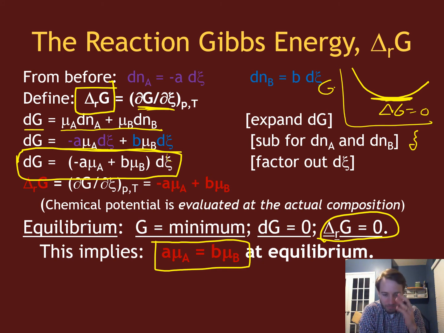So equilibrium in a reaction occurs when the sum of the chemical potentials of the reactants times their stoichiometric coefficients equals the sum of the chemical potentials of the products times their stoichiometric coefficients. Again, these chemical potentials depend on the composition, the mole fractions, concentrations of your reactants and of your products.